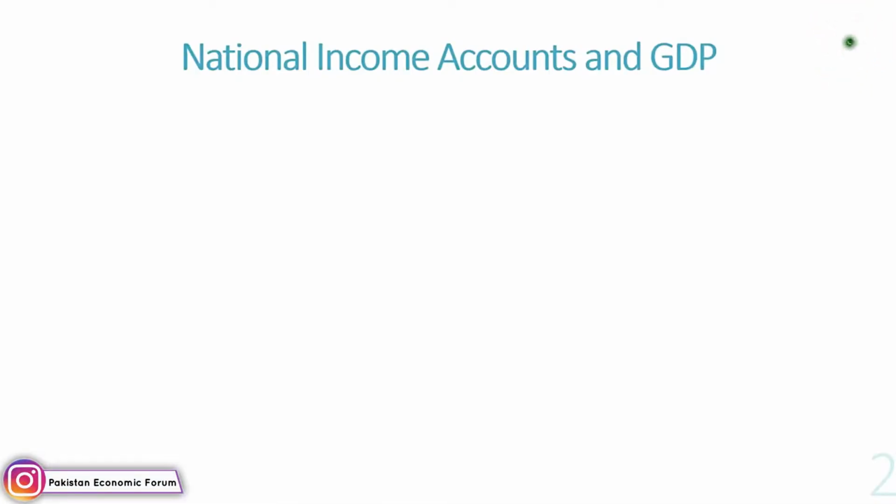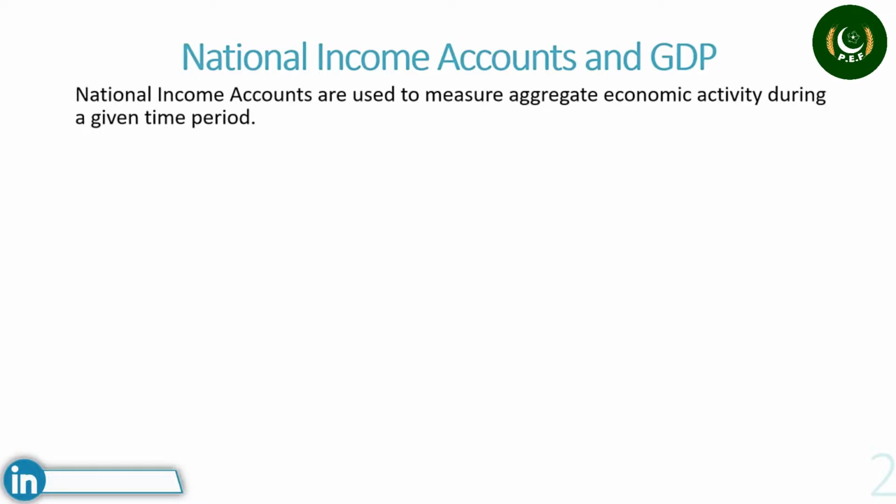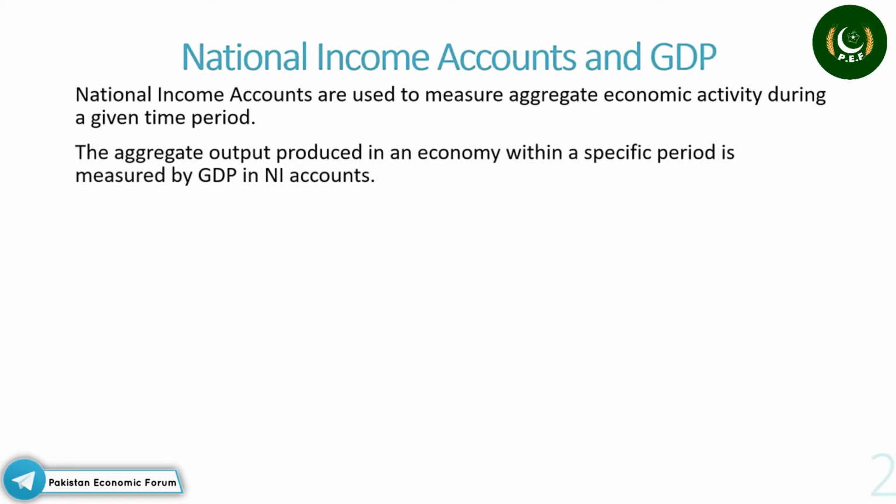Students, national income accounts are used to measure aggregate economic activity of an economy during a given period of time. The aggregate output, that is, the total output produced by all the sectors of an economy within a specific time period, is measured by GDP or gross domestic product in national income accounts.